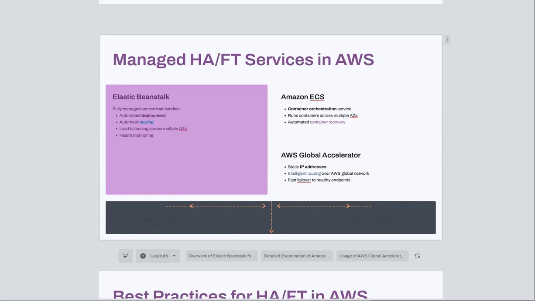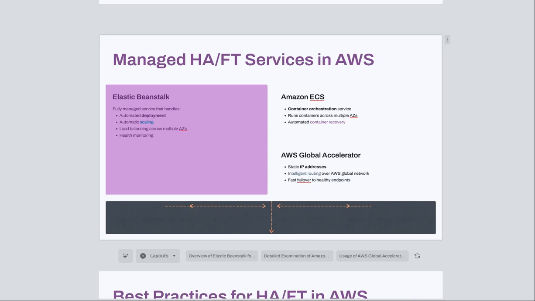Right. So the next one we've got is managed high availability and fault tolerance services in AWS. Elastic Beanstalk is a fully managed service that handles automated deployment, right? And automatic scaling, and can use load balancing across multiple availability zones, and also can do health monitoring as well, right?